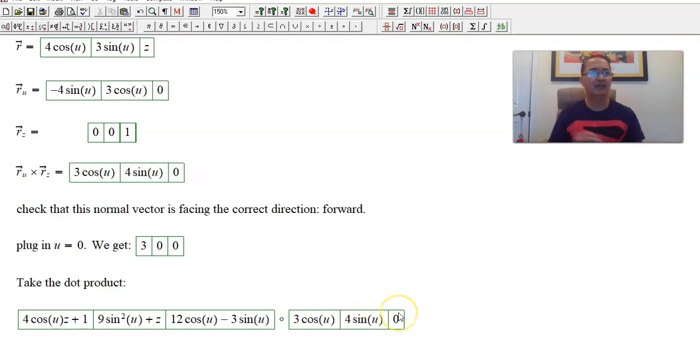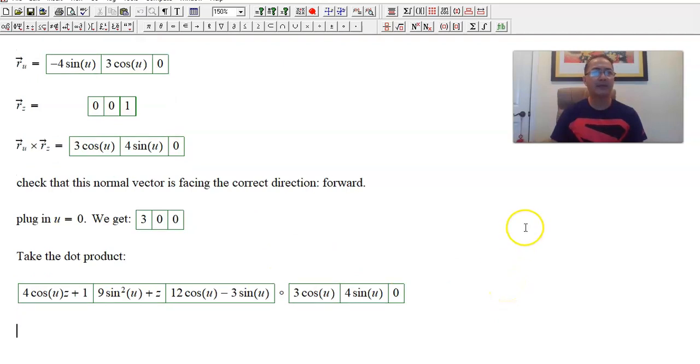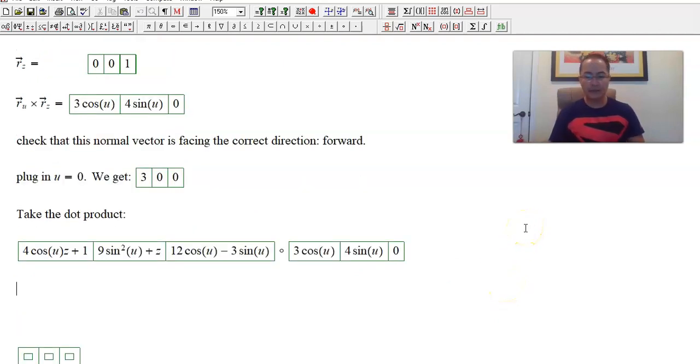One thing to keep in mind, there are so many vectors going on all over the place, and that is why I labeled this. Because you're going to grab things and dot them together, and make sure you're dotting the right vectors. So we're going to get as our dot product.